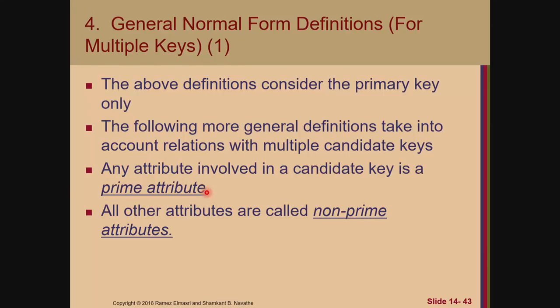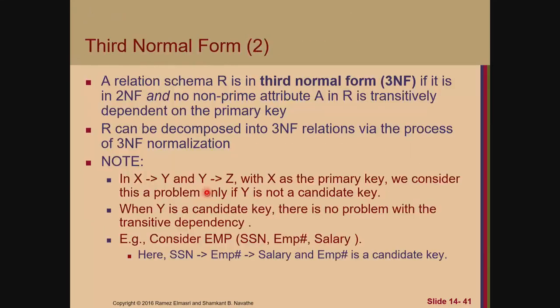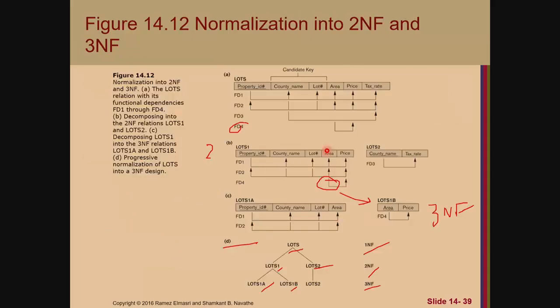That's why here the FD3 depends on just part of the candidate key, right? And the part of the candidate key we call the prime attribute depends on part of the candidate key. So this one violates the second normal form.